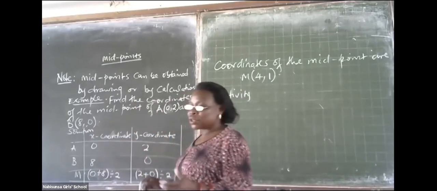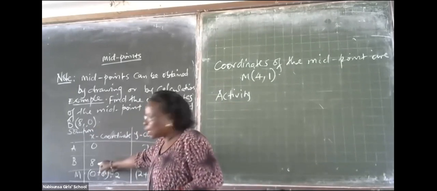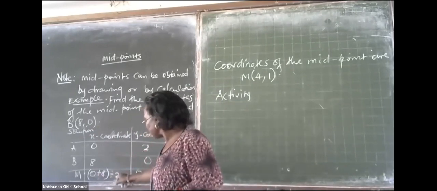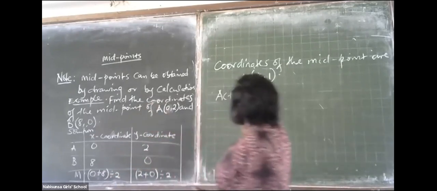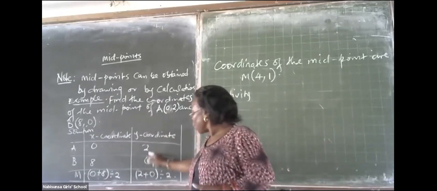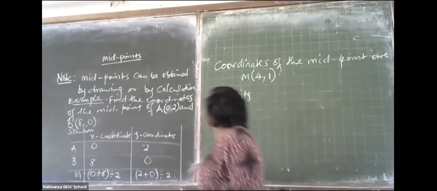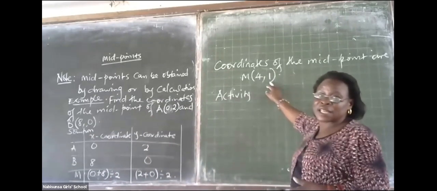How do we get the coordinates of the midpoint? We add the x coordinates and divide by 2 to get the x coordinate of the midpoint. Then we add the y coordinates of the 2 points and divide by 2 to get the y coordinate of the midpoint.